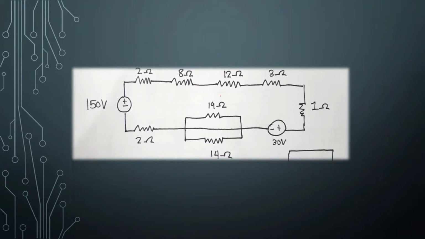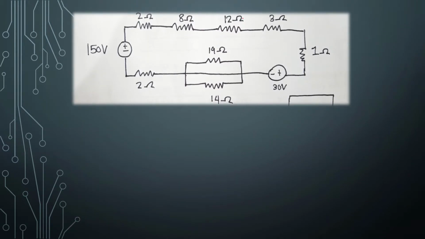Now we can further simplify this by adding all these resistors which are in series with one another. To add up resistors in series, simply add them.